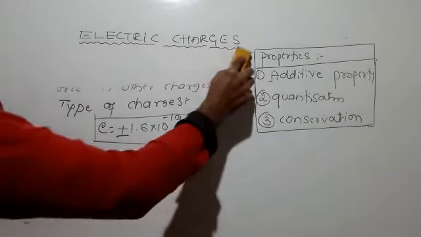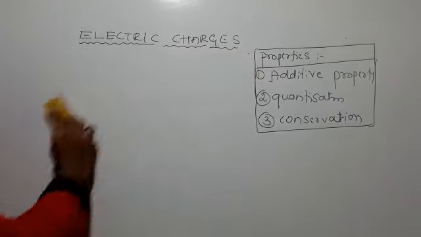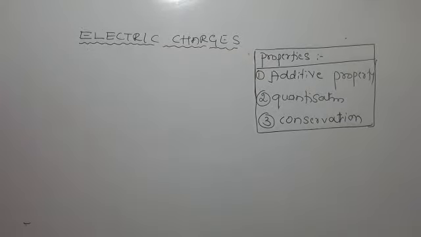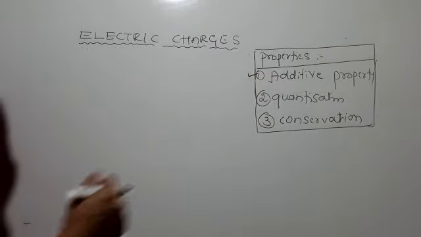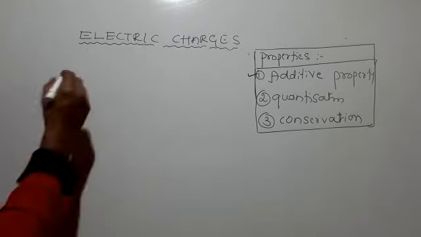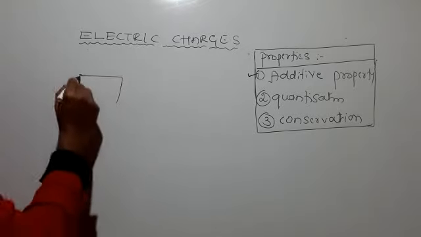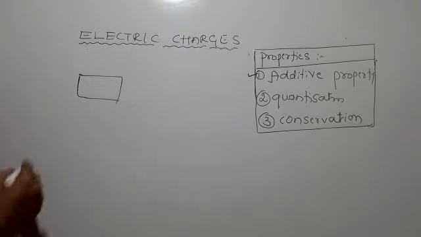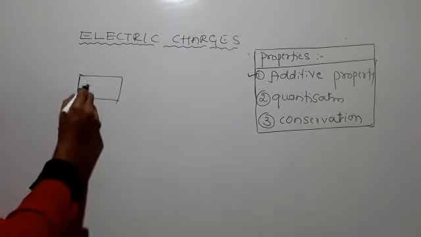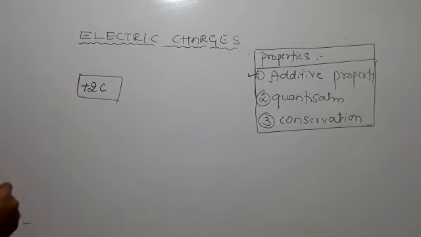Now, the properties of electric charge: we have three basic properties. One is the additive property. Let us see what this is. Say, for example, I have a conductor which is charged with plus 2 coulomb.